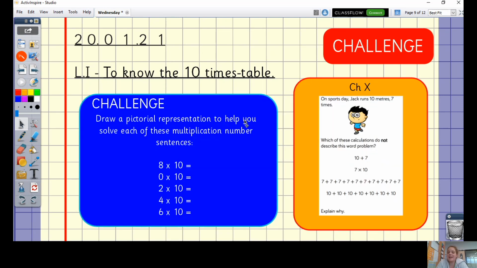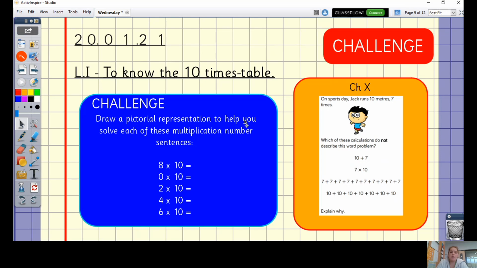Okay, so finally, this is the last lesson, and you're going to repeat the same task you've done the last couple of days, but this time with multiplication number sentences, multiplying by 10. So I want you to draw a picture, or you're more than welcome to use resources around your home if you want to. So whether you have cubes or cars or teddies, whatever you want to use to help you to solve each of these multiplication number sentences.